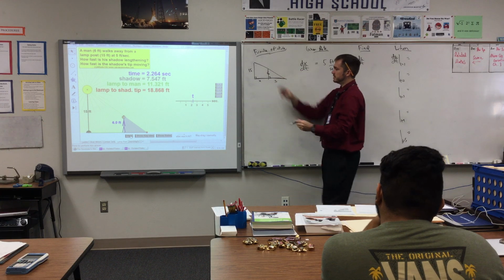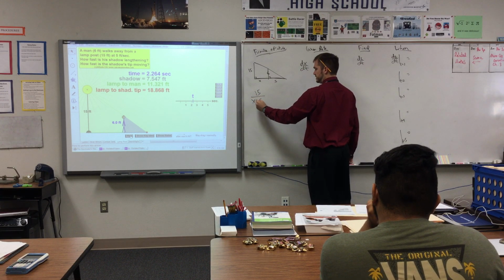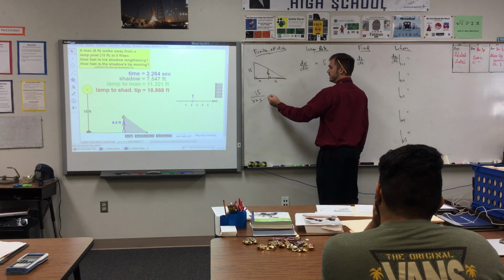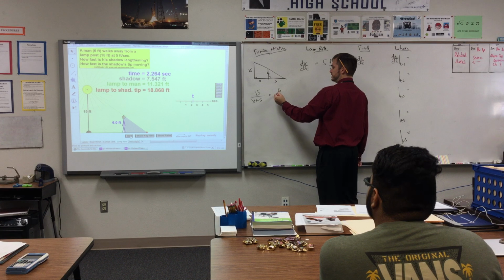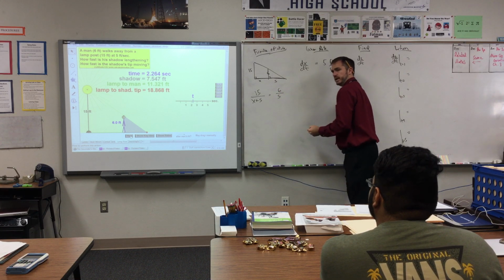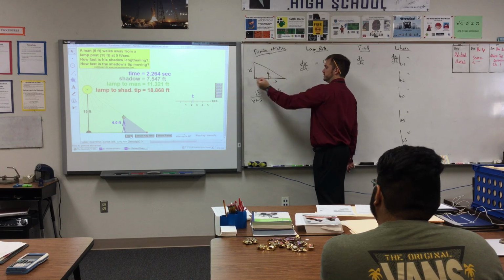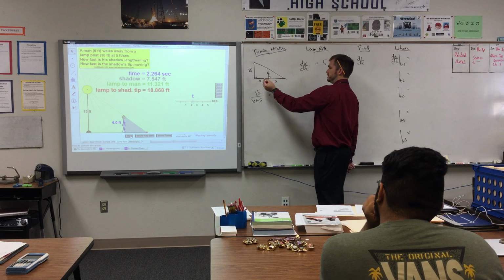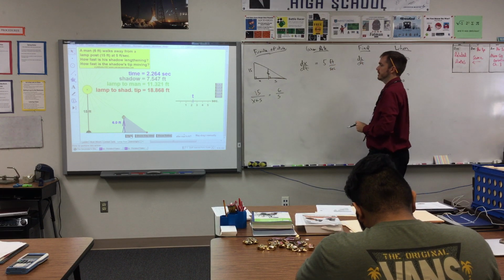We can say that the large triangle, 15 over y, x plus s, or y, is proportional to 6 over s. So large triangle leg over leg is equal to small triangle leg over leg.